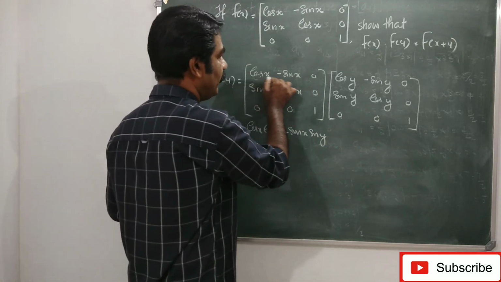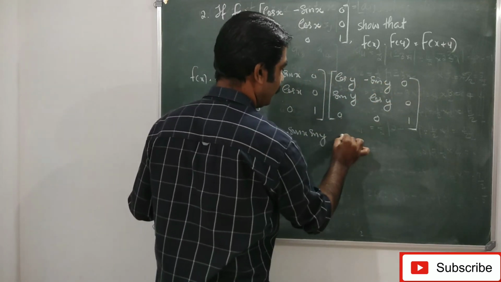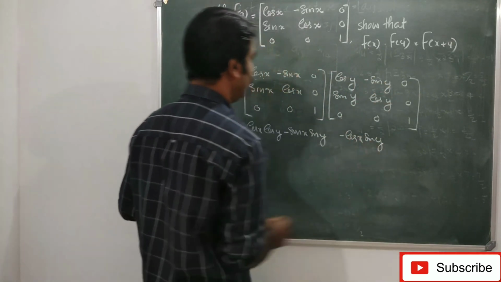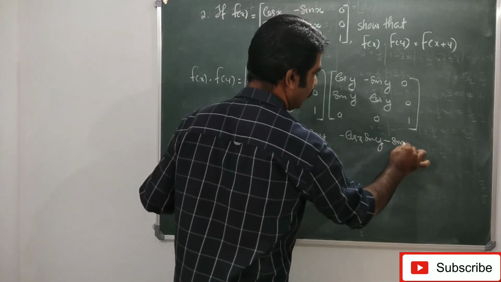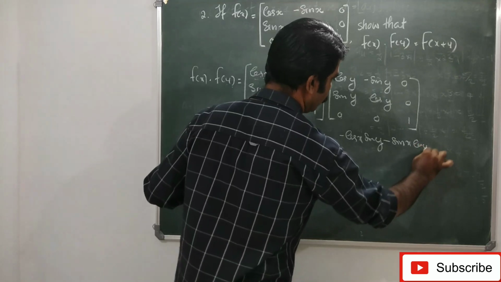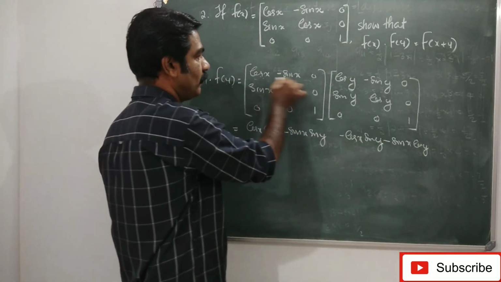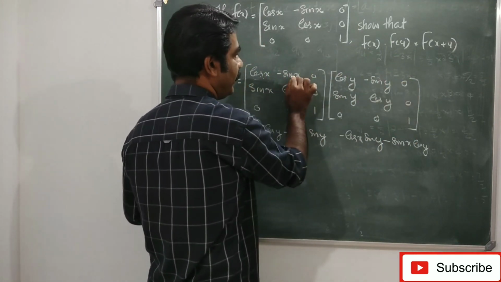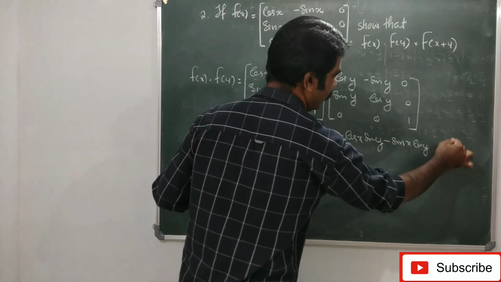Now multiply first row with the second column: cos x into minus sin y, minus cos x sin y. Then minus sin x into cos y becomes minus sin x cos y. Then 0 into 0 becomes 0. Now the first row multiply with the third column: cos x into 0 becomes 0, minus sin x into 0 becomes 0, 0 into 1 also becomes 0. So it is 0 only.